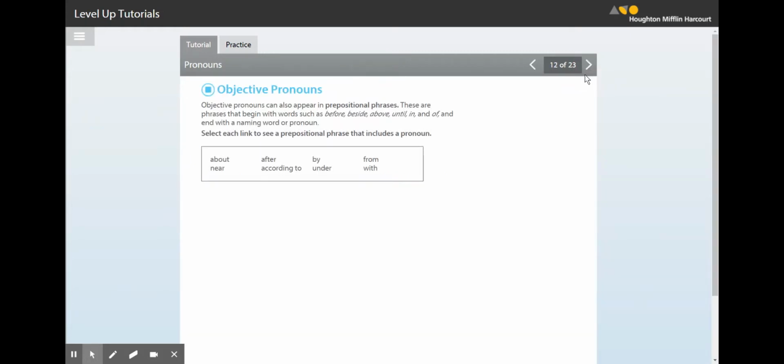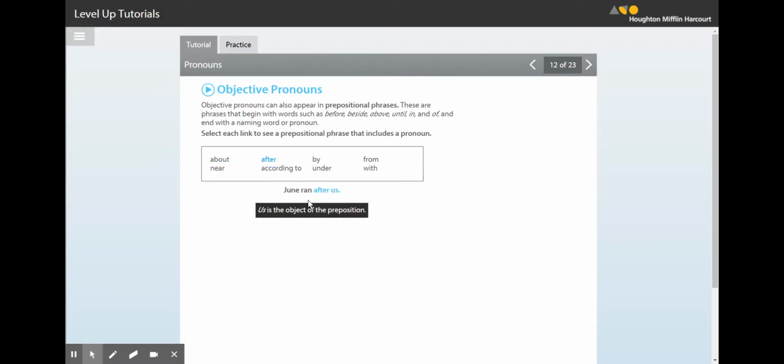Objective pronouns can also appear in prepositional phrases. These are phrases that begin with words such as before, beside, above, until, in, and of, and end with a naming word or pronoun. For example, about. This book is about him. So him is the object of the preposition.